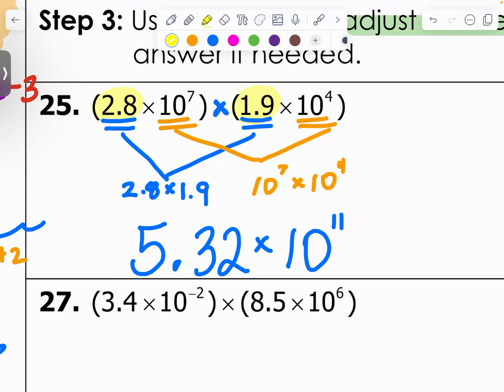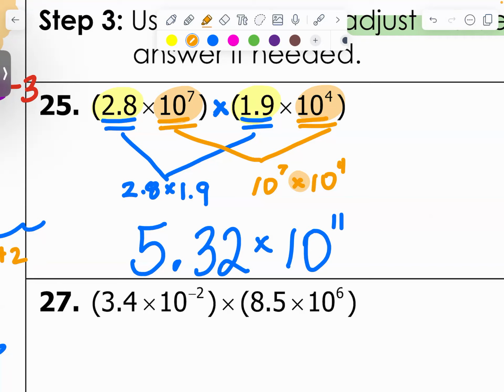Okay. Emma, are you okay with that? Okay. Then we looked at 10 to the 7th and 10 to the 4th. And since we are multiplying, we just took our 7 and our 4 and we added them because those are our exponent rules. Okay. Now, is this an appropriate scientific notation number?